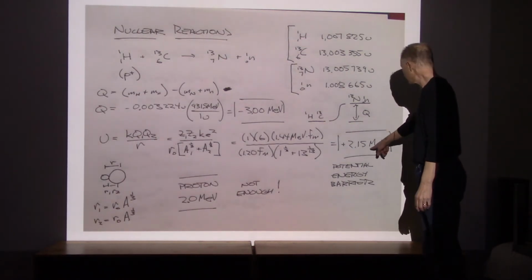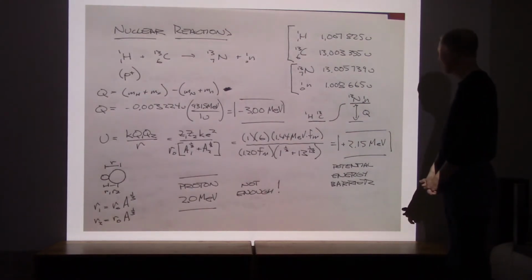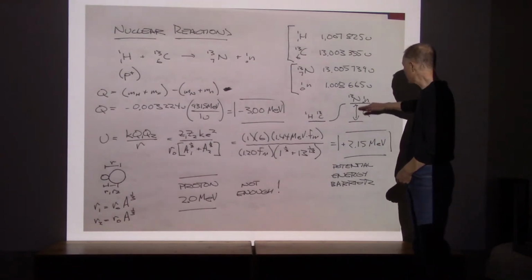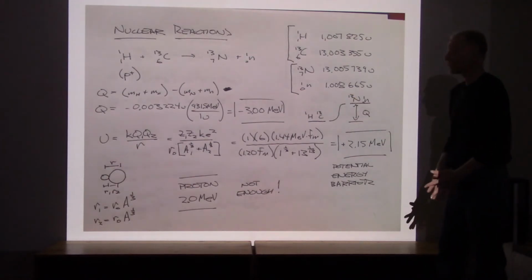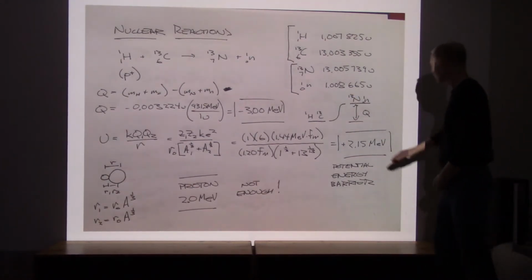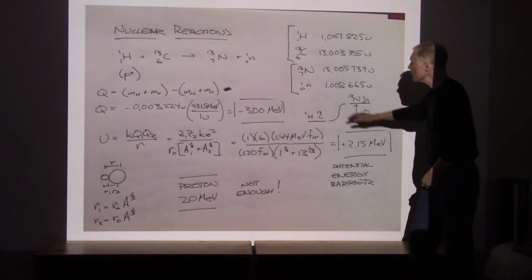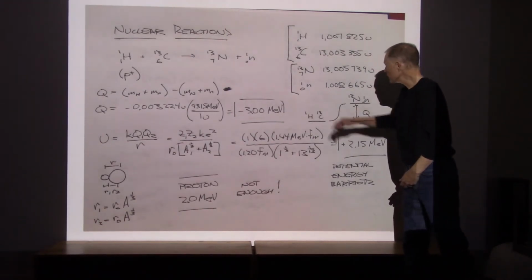And what I'm finding is that there's a potential energy barrier of 2.15 MeV. Well, that becomes kind of a non-issue because we have a mass barrier of 3.00 MeV. So, electric force barrier, 2.15 MeV, mass barrier, 3 MeV.